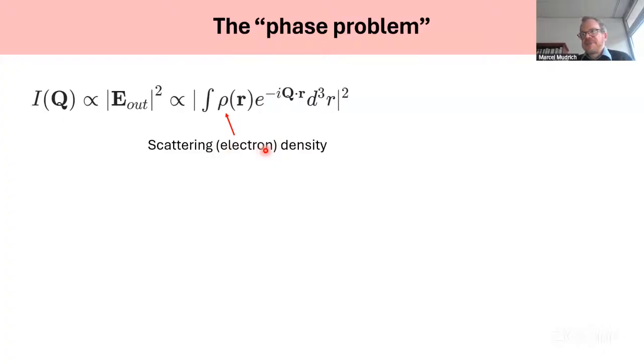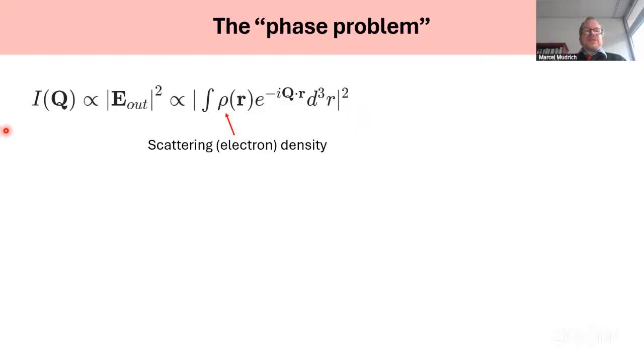So X-ray scattering happens off the electrons in the electron cloud of the atoms or the molecules. And what this expression tells us is that the intensity distribution essentially is given by the Fourier transform, the function times e to the minus iQ·r d3r. This is the three-dimensional Fourier transform of the scattering distribution, and the modulus squared of this. So that's maybe something to remember.